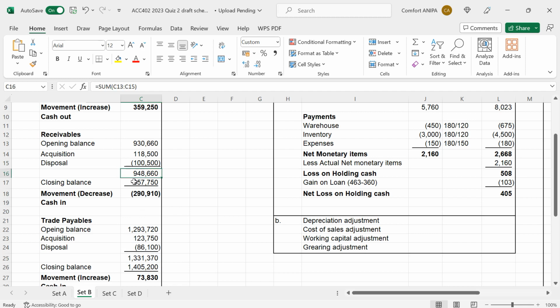You can see we have 948, which has become 657, a decrease in receivable, which means we have made the sale of the receivables, or we have collected the outstanding balances, and our balance has reduced at the end of the year, and therefore we have cash inflow, additional cash.